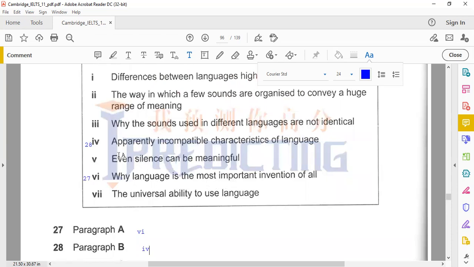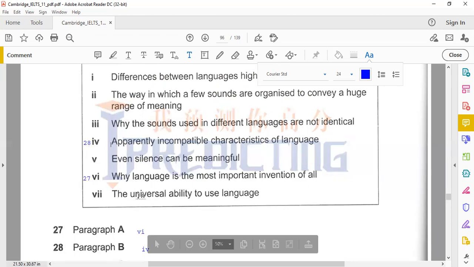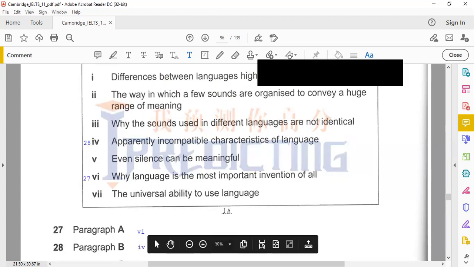Option 4 says apparently incompatible characteristics of language. Okay, so this is what we have to match.